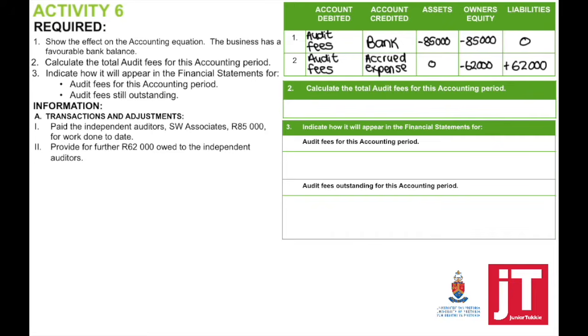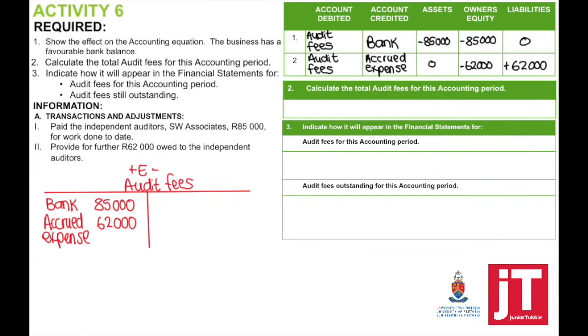So now to calculate the total audit fees for this accounting period, audit fees was debited with the amount paid and debited with what is still outstanding. The total of the audit fees is closed off to the profit and loss account, and that is the amount that will appear as your audit fees for this accounting period.